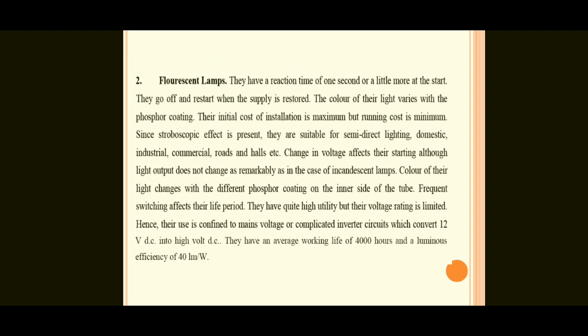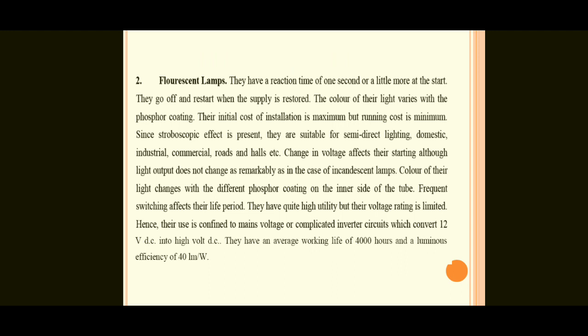If continuously switched on and off, the life period will change. They have high quality, but their voltage rating is limited. So these are confined to mains voltage, and are complicated inverter circuits which convert 12 volt DC into high voltage DC.